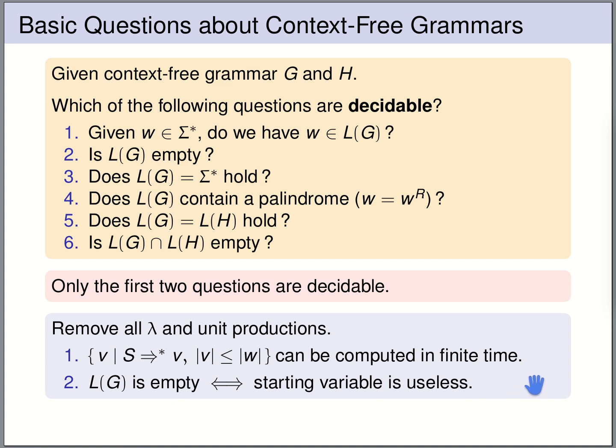So the first two problems are decidable, all other problems are undecidable. And we are going to prove this formally by using Turing machines. We will show that there are certain undecidable problems for Turing machines, and then we will show that this implies that also these questions about context-free grammars are undecidable.